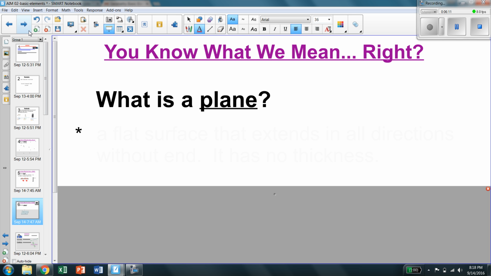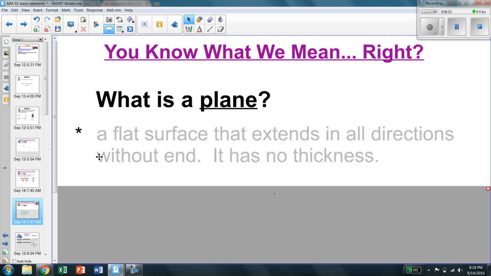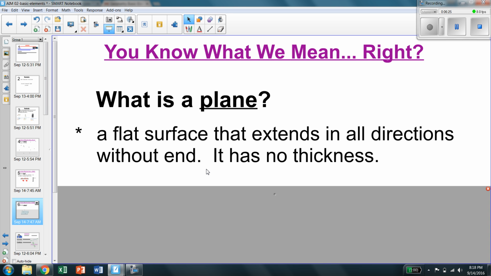Okay. How about a plane? Plane. Nope. Not the one we're all thinking. Geometric planes are slightly different. A plane is a flat surface that extends in all directions. The screen that you're probably watching this video on, right?